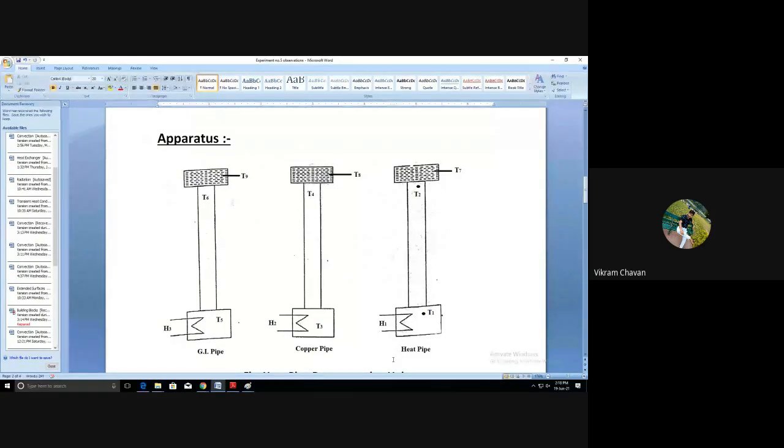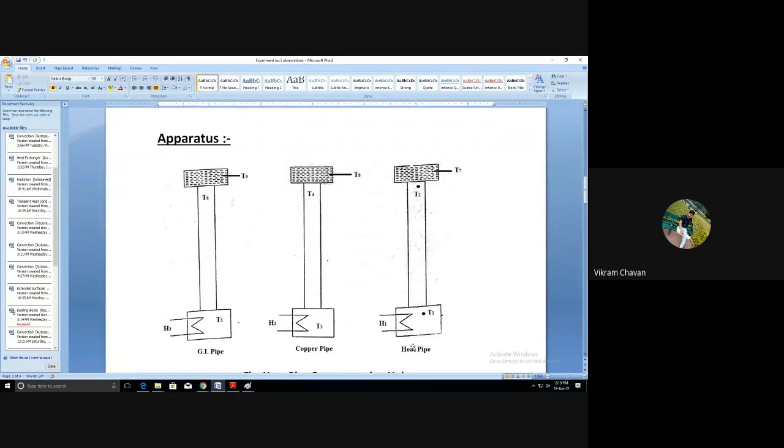We just have to take the temperatures at three different locations and compare which pipe provides the maximum performance, or which pipe transfers the maximum heat from source to the sink location. So the first pipe is a heat pipe.